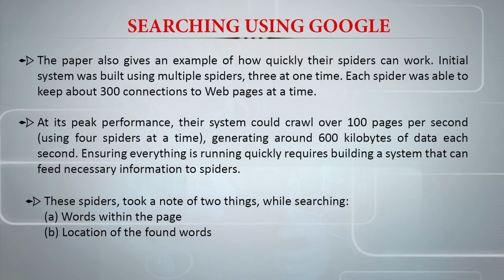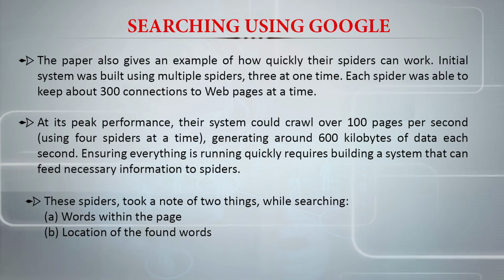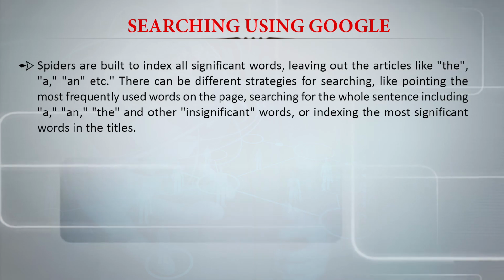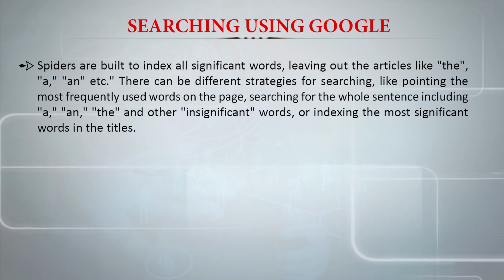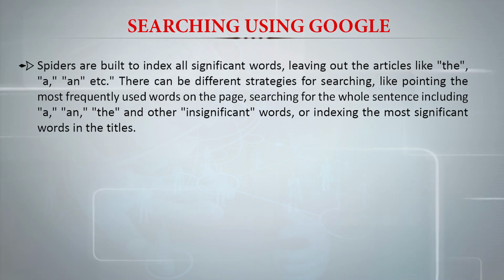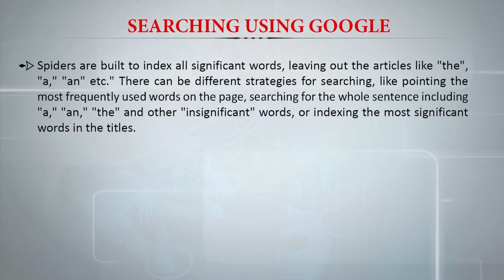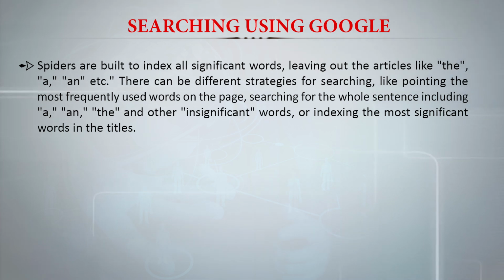These spiders took note of 2 things while searching: the words within the page, and the location of the found words. Spiders are built to index all significant words, leaving out the minor words like the, a, and, etc. There can be different strategies for searching, like pointing out the most frequently used words on the page, searching for the whole sentence including a, an, the, and other insignificant words, or indexing the most significant words in the titles.